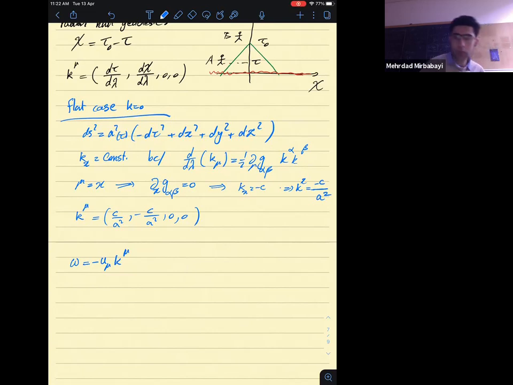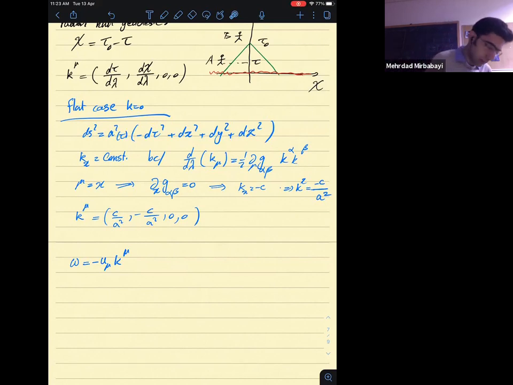Now consider u mu for a co-moving observer. Remember we defined co-moving observers before. Those are the observers who are sitting at fixed spatial coordinates and just move in time. So in t coordinate the 4-velocity was 1, 0, 0, 0.